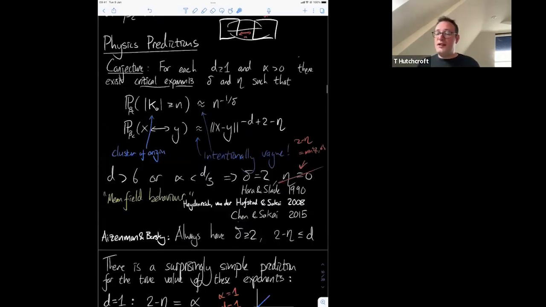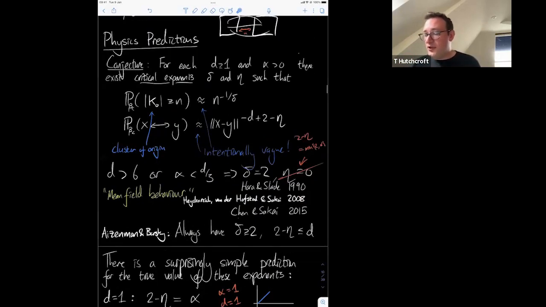So not only do we have a reasonably good understanding of this basic question about the continuity of the phase transition, there are also surprisingly simple conjectures from the physics literature about how the exponents depend on the parameter alpha, which describes the decay of your long-range kernel.